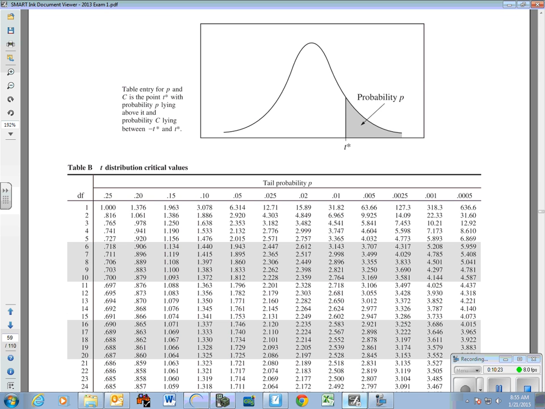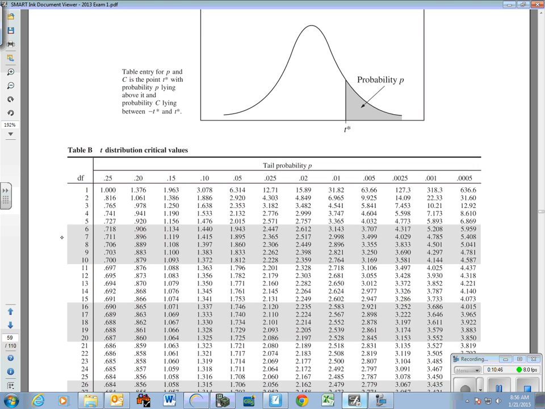So if your sample size is very small, you're going to have a weak T distribution. It's a lot flatter. There's a lot more area in the tails. It's kind of like the normal curve Z is if you sampled infinity people, which doesn't really make sense. But if you had a huge sample size, then your T distribution approaches a Z.